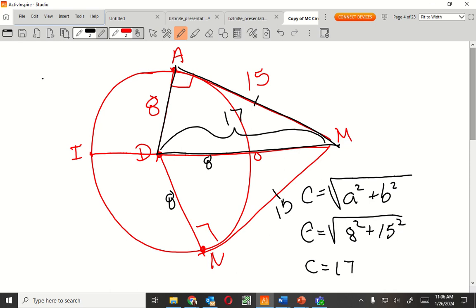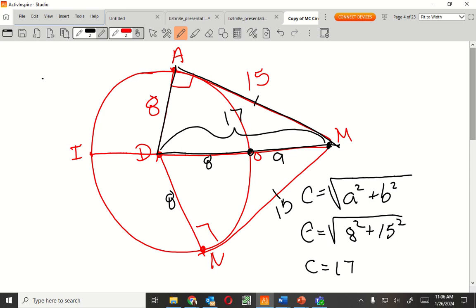The whole thing from D to M is how much? 17. Okay, mental math here. From D to O, we know is 8. So what do you think O to M is going to be? 9. Why is it 9? Because 17 minus 8 is 9.